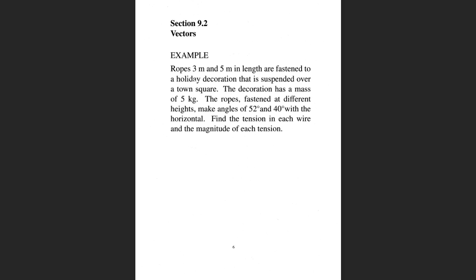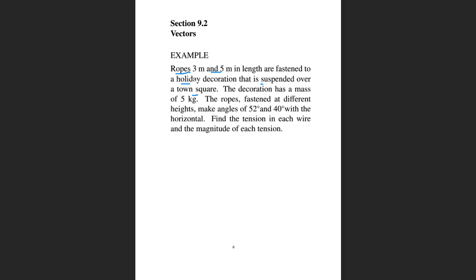Okay, so we have here, and I'll show you a picture of this as well. In this problem, and you'll see something like this in your homework, example 7 is also a nice example of this kind of thing, you have ropes of 3 meters and 5 meters in length, and they're fastened to a holiday decoration that is suspended over a town square.